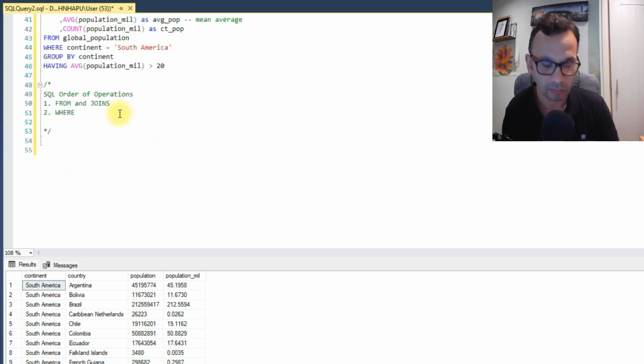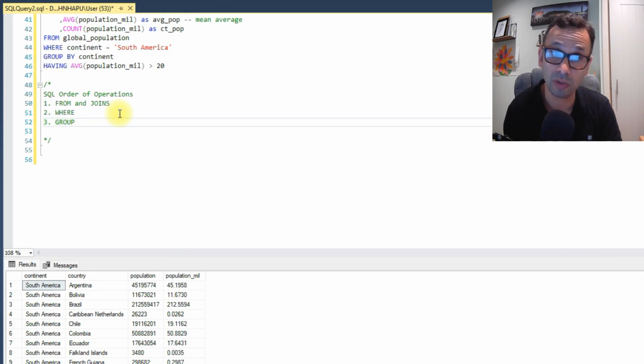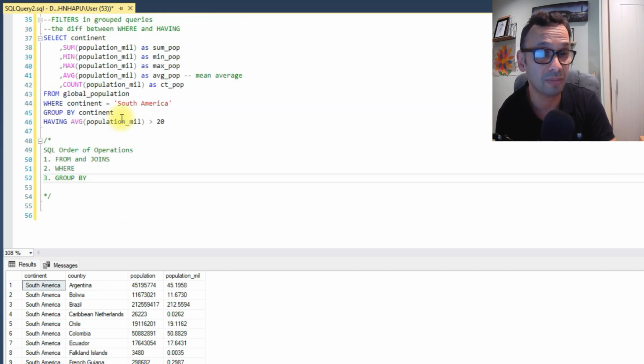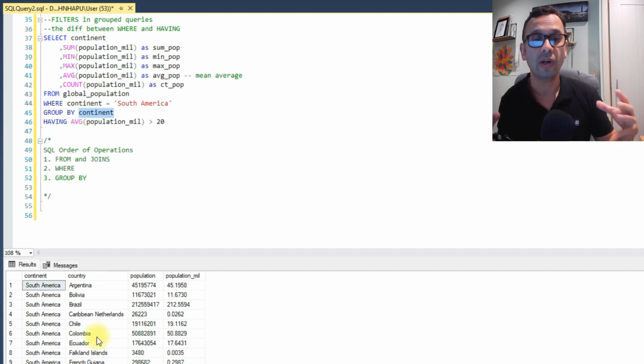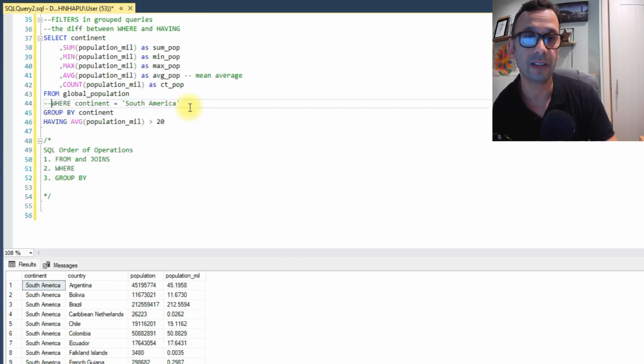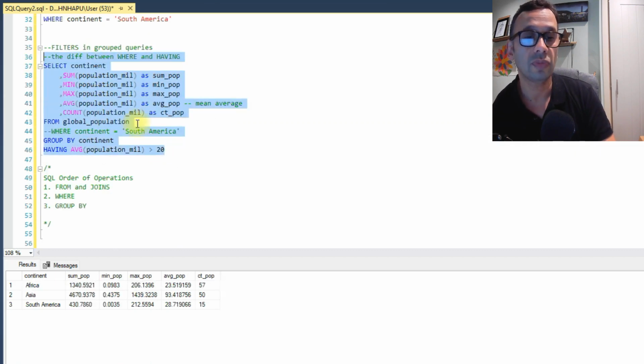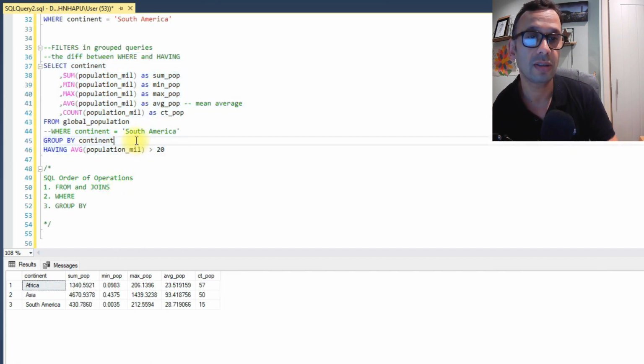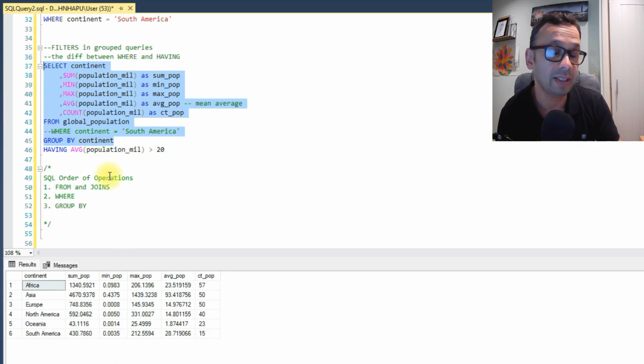Okay. The next thing it looks at is a group by, if there is one. Obviously, if there isn't one, it doesn't matter. So the group by is continent. So it's saying, okay, so we're aggregating this data by continent. Obviously, in this case, we've only got one continent. But if we'd remove that filter, it would then do calculations by continent.